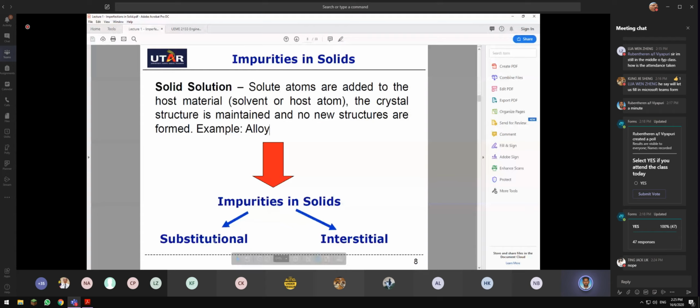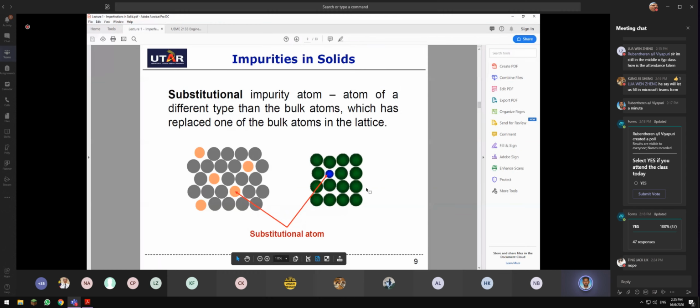So the impurities are substitutional and also interstitial. Two types. Please highlight this: substitutional or interstitial. For substitutional impurity atoms, these are atoms of a different type than the bulk atom which has replaced one of the bulk atoms in the lattice.